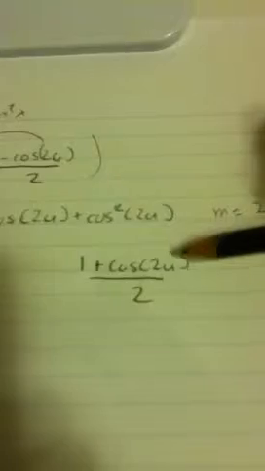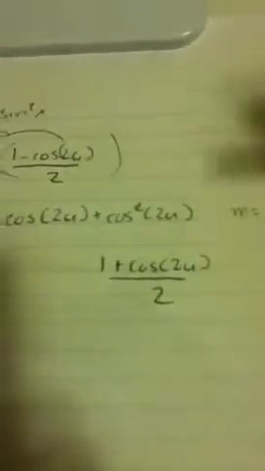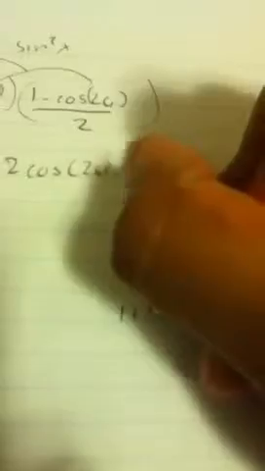So when we plug this into this formula, it will basically be 2u times 2u. So it'll actually be 4u that'll be inside this box. So it will be 1 plus cosine 4 of u over 2.